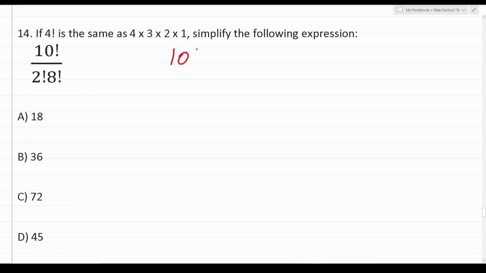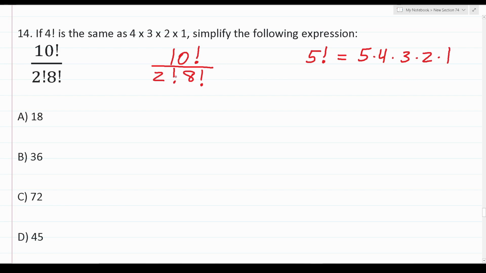You may have caught on that in math, exclamation point means factorial. And what it says is take the number that's given and multiply it by everything until you get to 1. So 5 factorial is the same as 5 times 4 times 3 times 2 times 1.